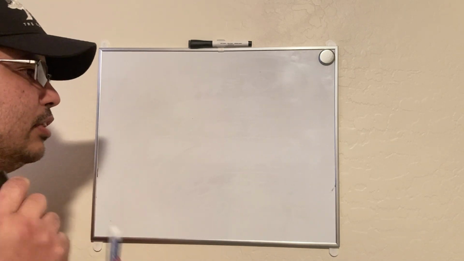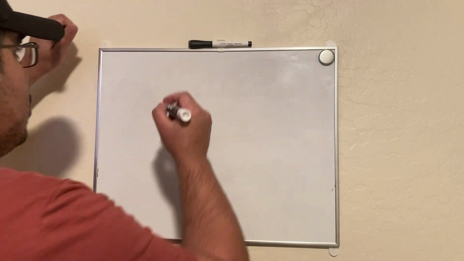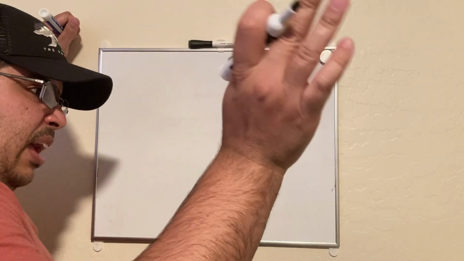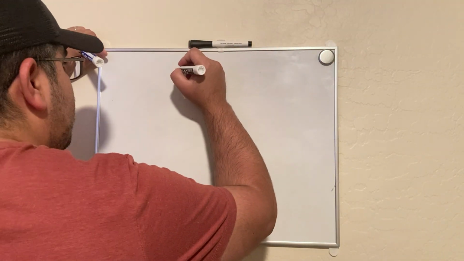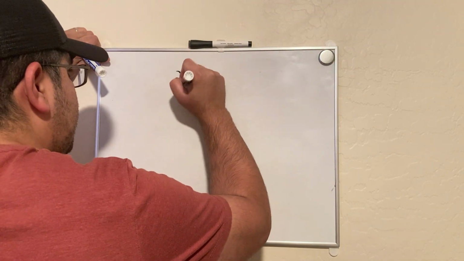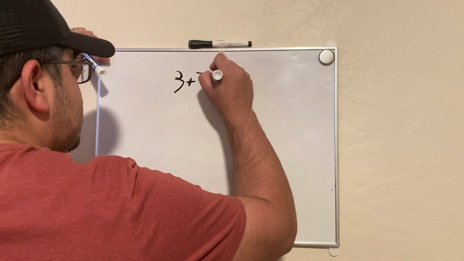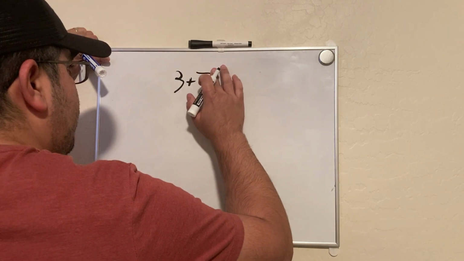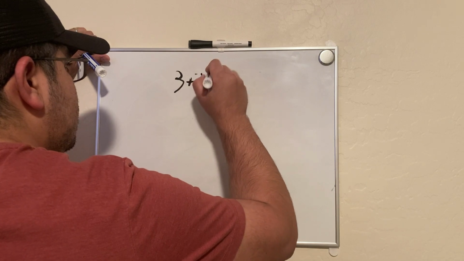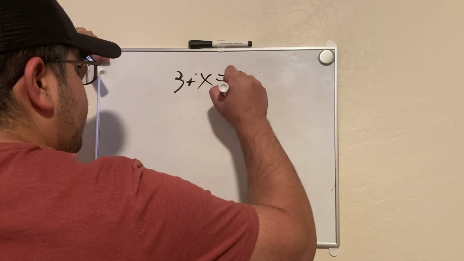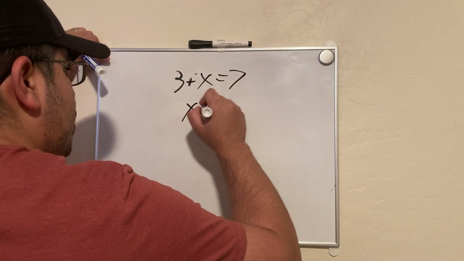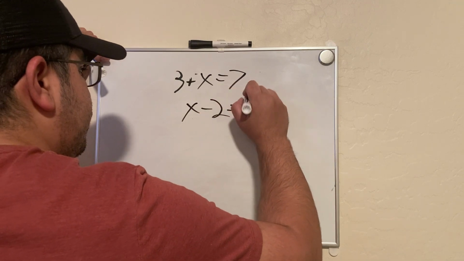You have to practice. So I want you, on your own time, I won't do it for you, to solve these equations. 3 plus x equals 7. Then x minus 2 equals 5.